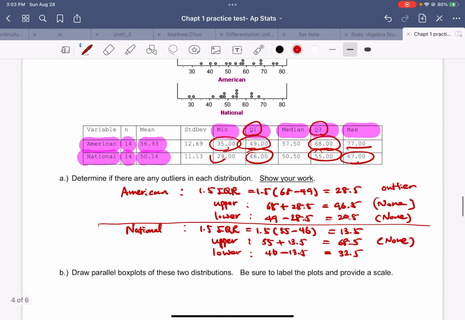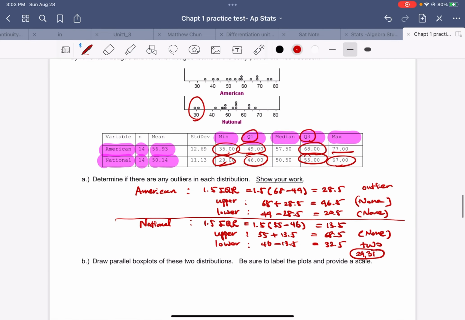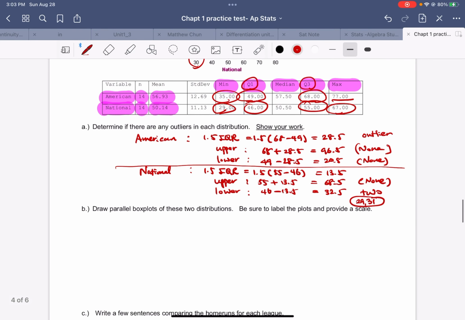I see the minimum, 29, is lower than that. And if you look at this value right here, that's around 29 and 31. Those are less than 32.5. So there are two outliers, 31 and 29. That's how you find the outliers.